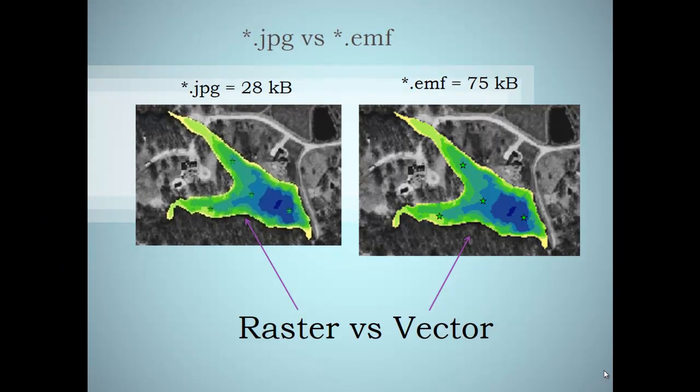Now, these two types of images are just extended versions of what we talked about earlier. One is a raster image and one is a vector image. And you remember a raster is a grid of cells that has a particular value.